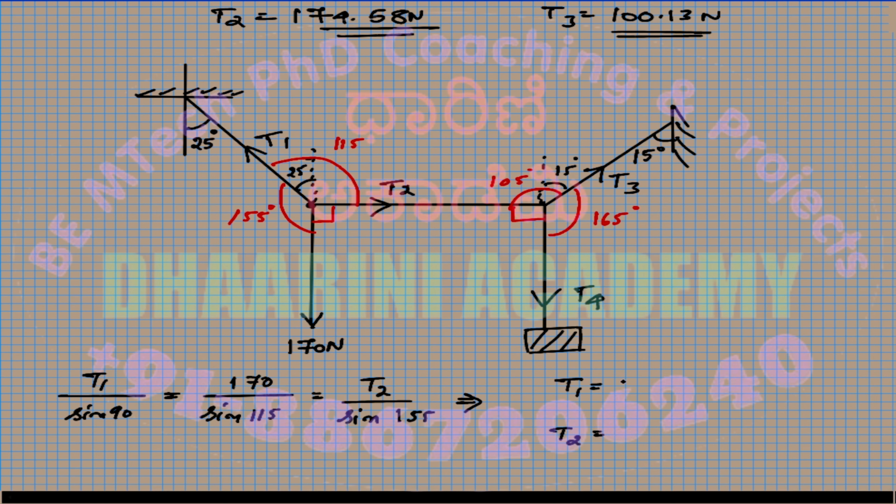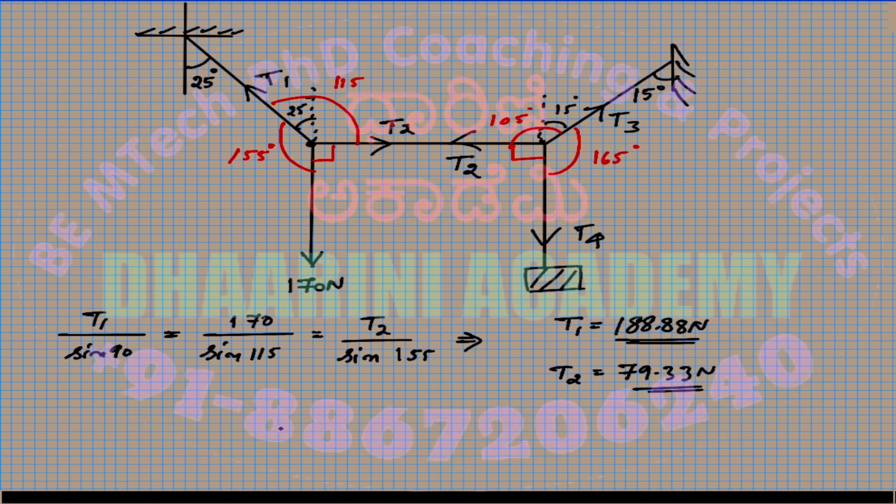So that gives T1 equal to 100.88 newtons. Okay, T2 equal to 79.33. Out of this, we can see that the same T2 is applicable even for the second system. So that is the T2 which we can use.